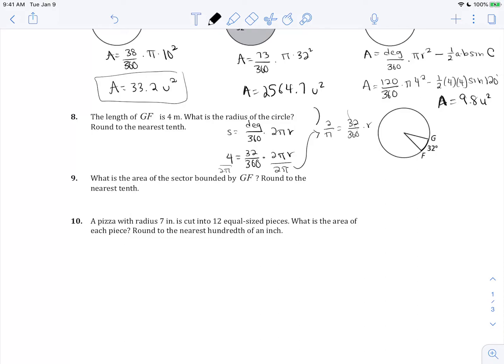So I'm going to multiply both sides by 360 over 32. And that will allow me to just have r left on this side, right? And if I do that, so 2 over pi times 360 over 32, I get 7.8. So r equals 7.8 meters. Okay? Or sorry, I didn't get 7.8. I should have got 7.2.